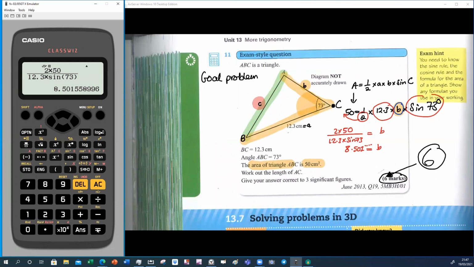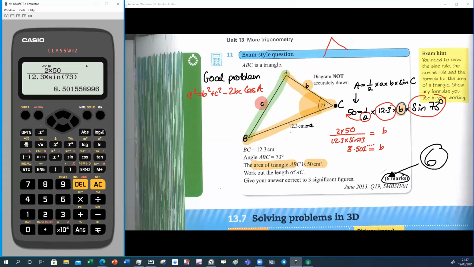So we're definitely going to be using the cosine rule, and we're going to be using the original formula, which is a squared equals b squared plus c squared minus 2bc cos of A. We want to work out our a, but according to our diagram, we have to relabel it because the letters don't match. So 73 is going to be my big A.